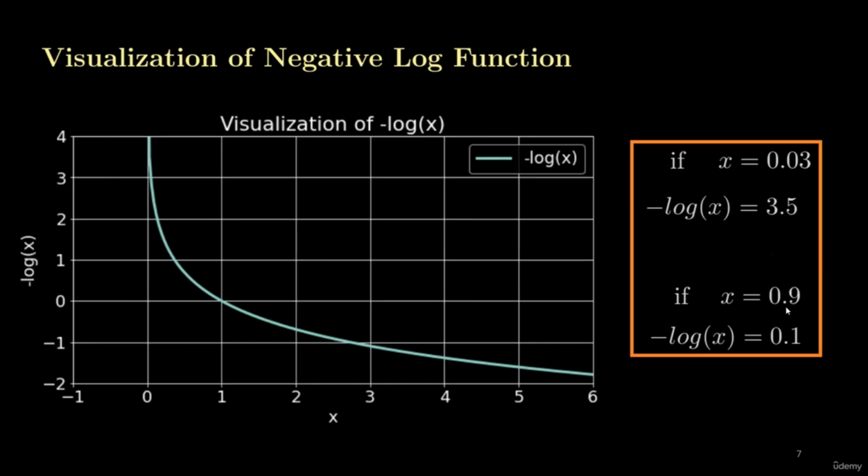Similarly, if we increase the value of x and now we are at 0.9, we are somewhere near 1. In that case, the value of negative log x is very small, approximately 0.1. So negative log x is high for small values of x and low for large values of x.